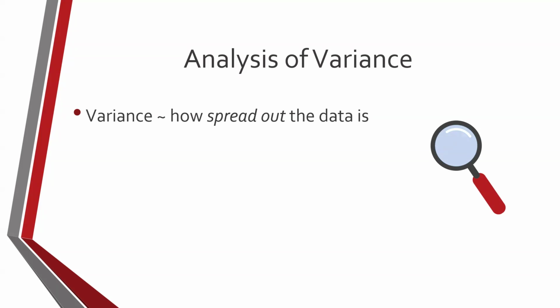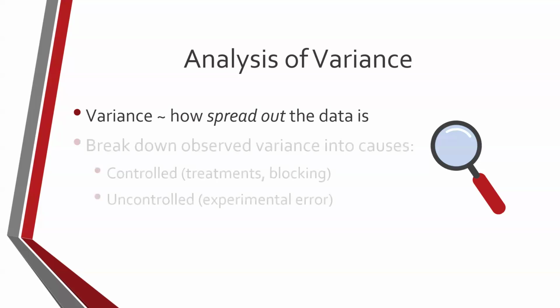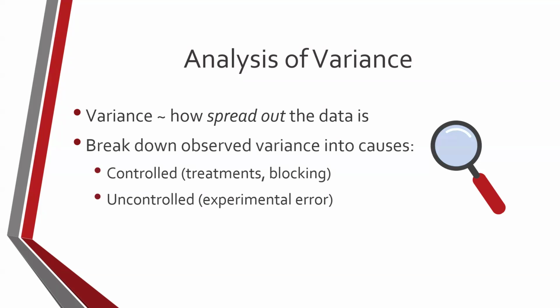The goal of AOV is to dissect the variability in the recorded assessments, to understand whether the differences we've observed between treatments is due to the treatments themselves or just by random chance. There is controlled variability that the researcher had a hand in from the treatment and the blocking structure. Then everything that we cannot control is called the experimental error.